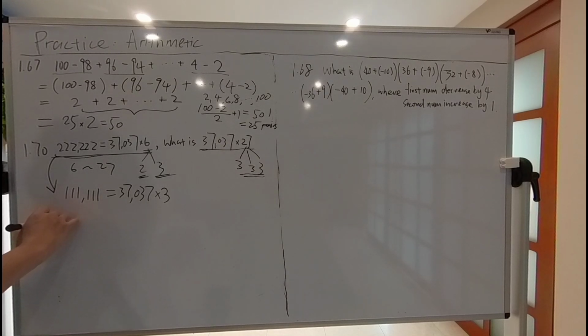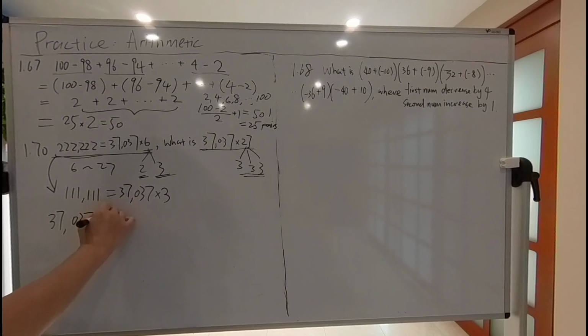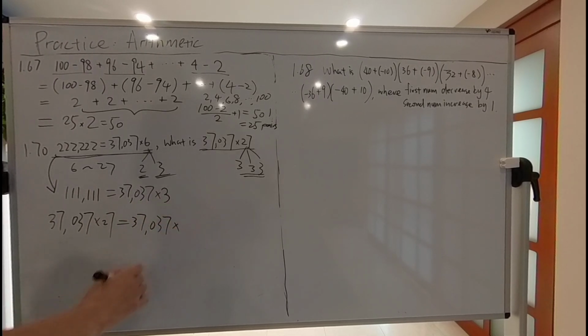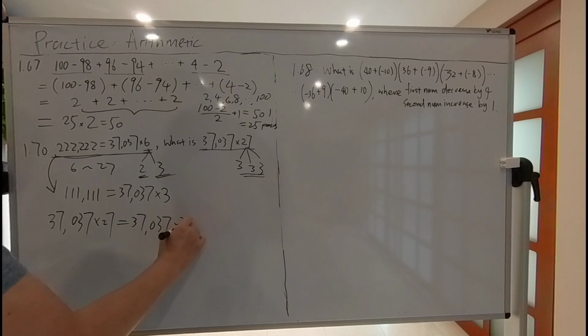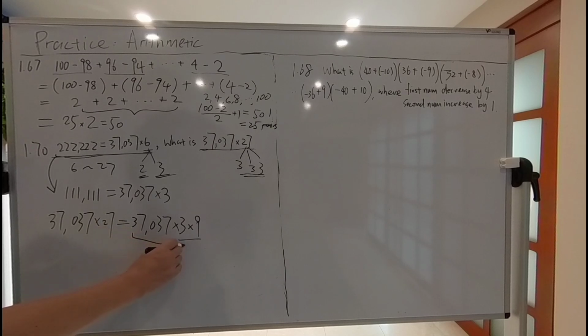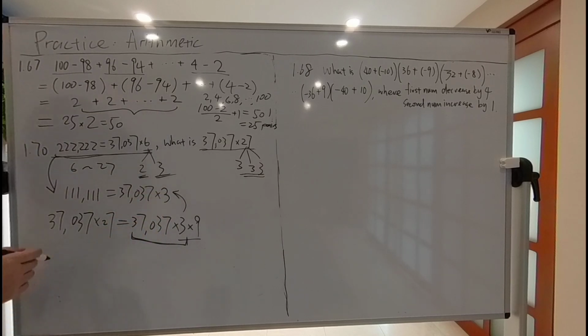So if now I want to know the answer of this number multiplied by 27, it's equivalent to first factorizing the number 27 to be 3 times 9, right? Because 3 times 9 is 27. Now you can see that the first two items coincide with the converted version of the known condition.